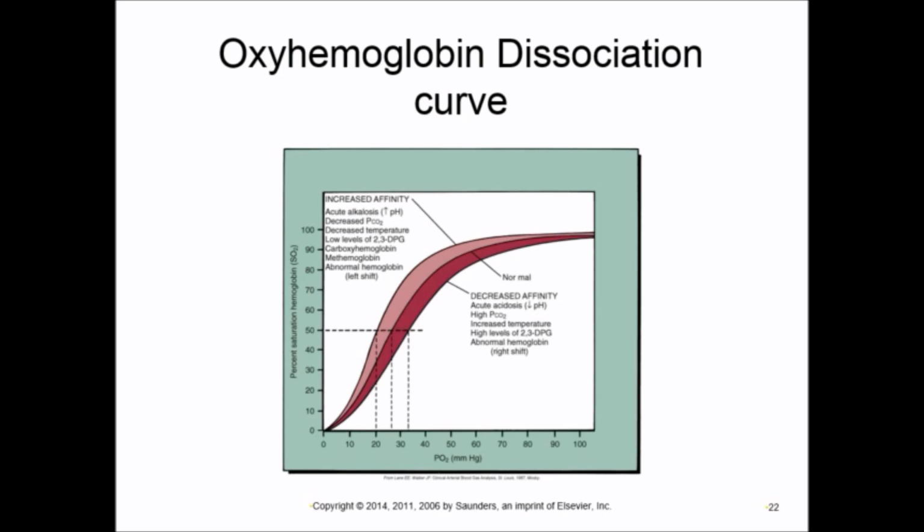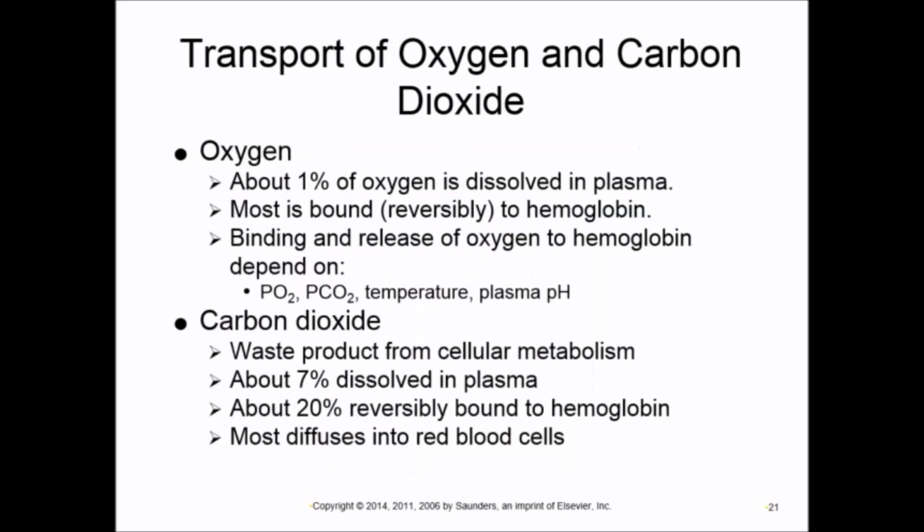Are we following? Yes? I just got a question from the slide before. Isn't the binding of oxygen and carbon dioxide with bicarbonate? The part in the plasma is the 7%.